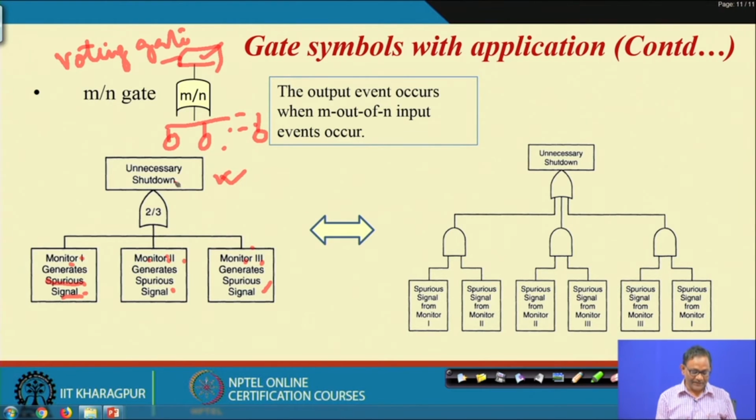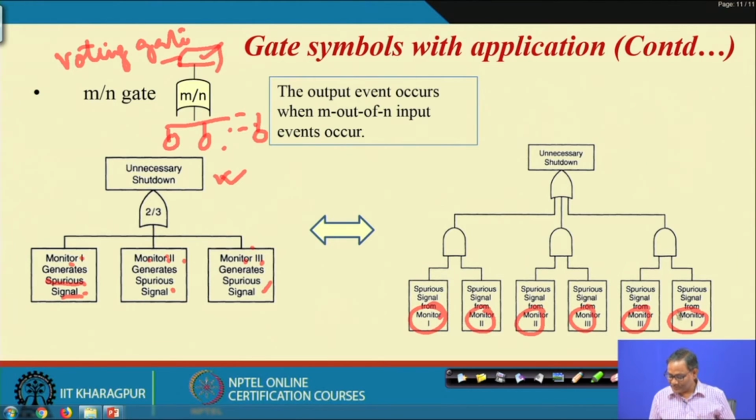Here the top event is unnecessary shutdown. You have 3 monitors, and if 2 of the 3 give a signal for shutdown, you will shut down. These are spurious signals, no problem, but this is the concept. Its equivalent representation is this: monitor 1 and monitor 2, or monitor 2 and monitor 3, or monitor 3 and monitor 1 give a spurious signal.